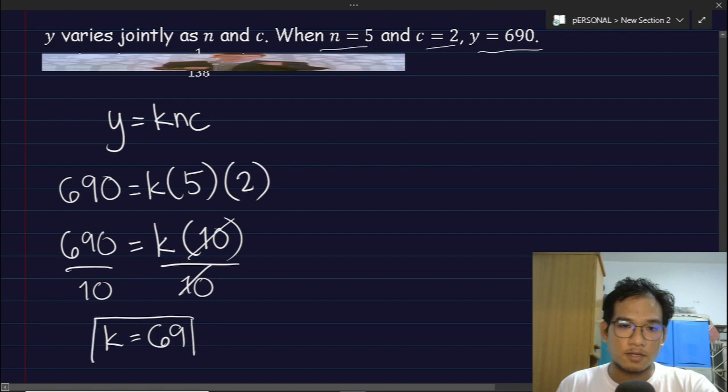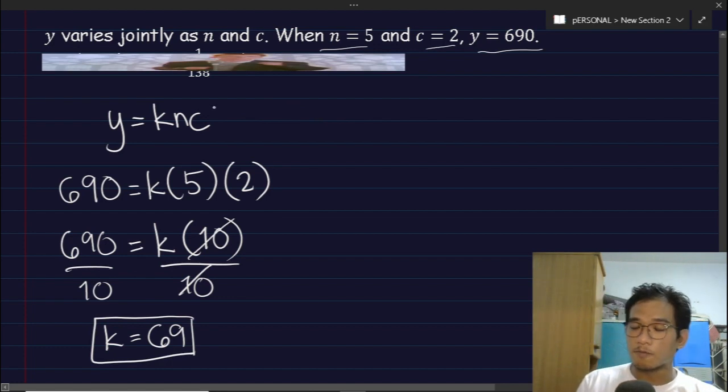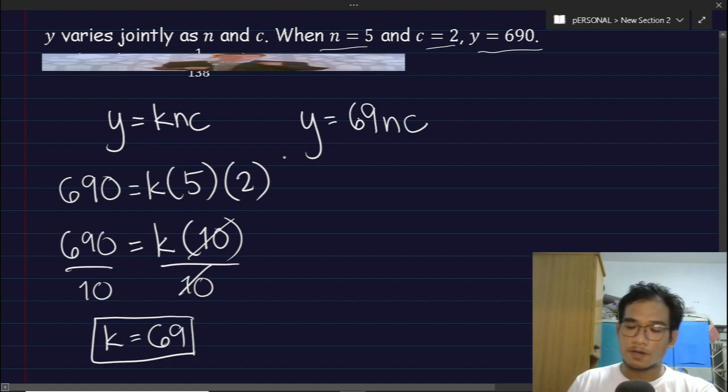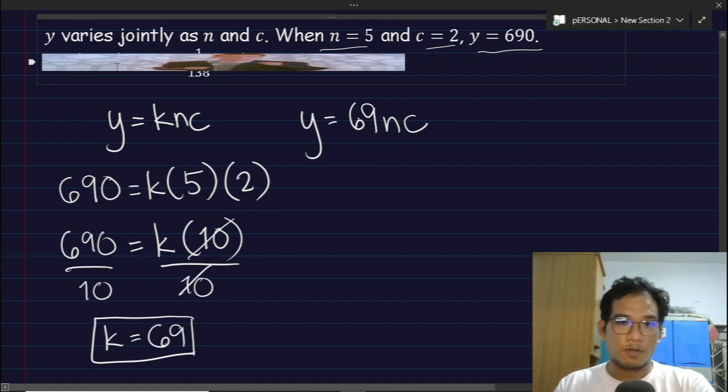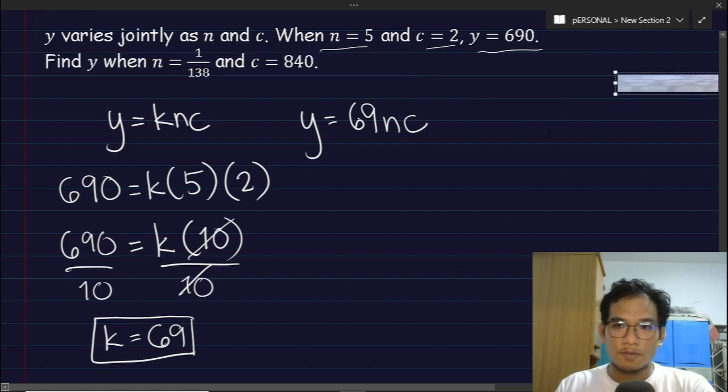And that is the constant of variation. Now, again, to write the equation of variation, we will simply use the form that we have formed in the beginning. The only thing that we're going to change is k. And this is the equation of variation, which we will use to find the value of y with these values of n and c.